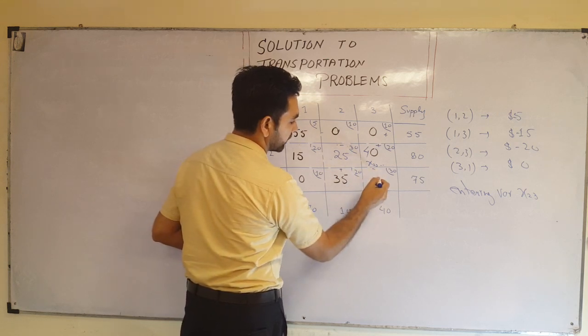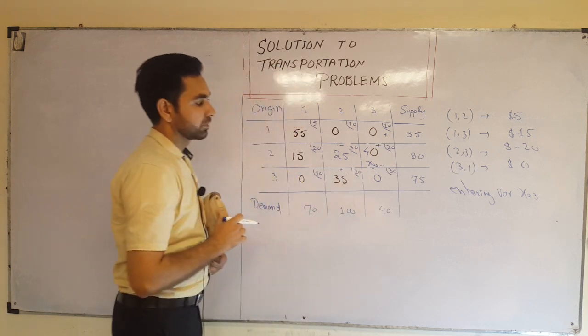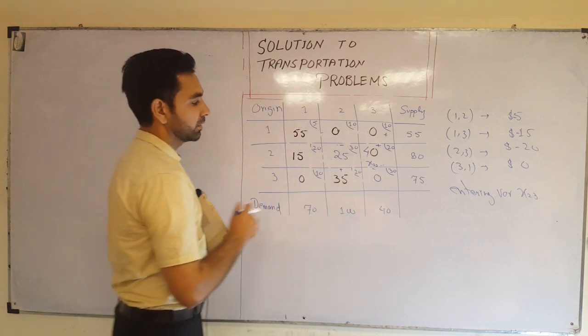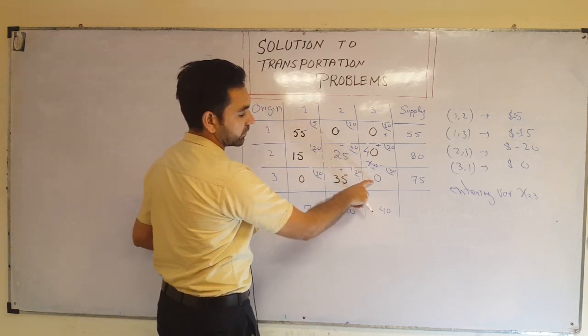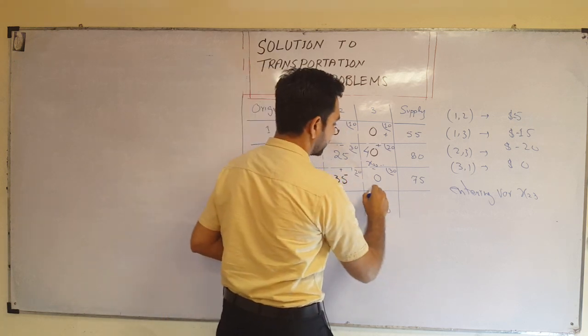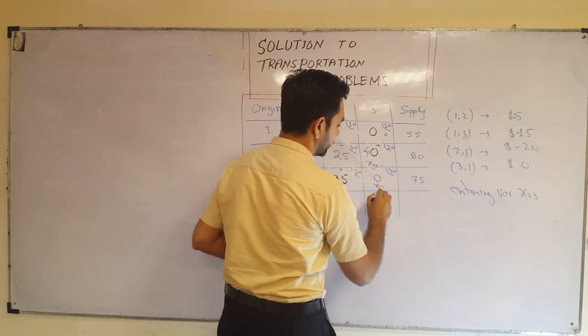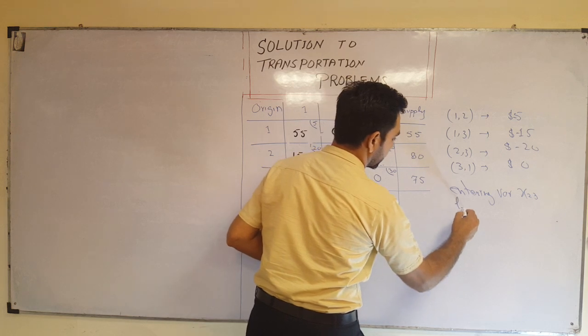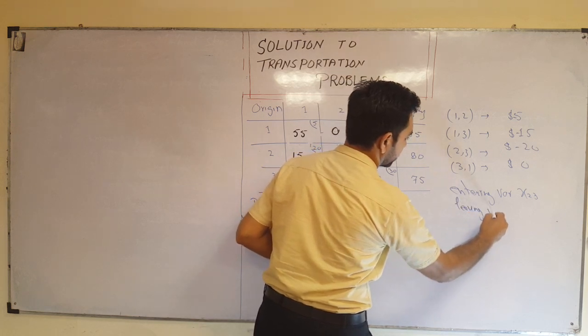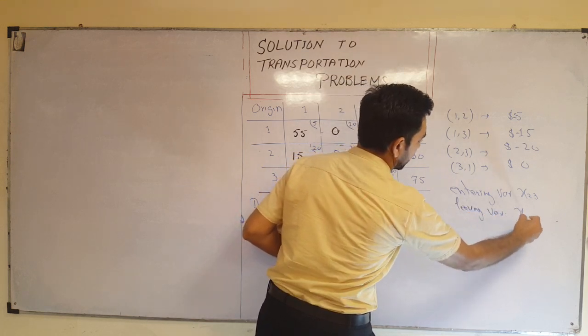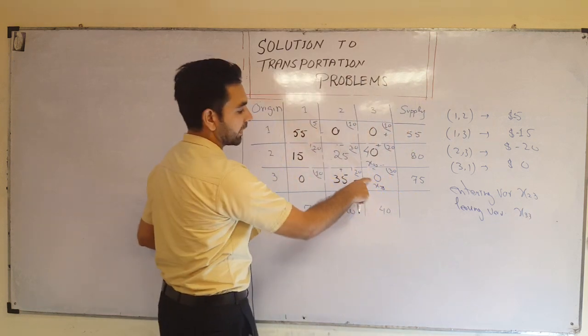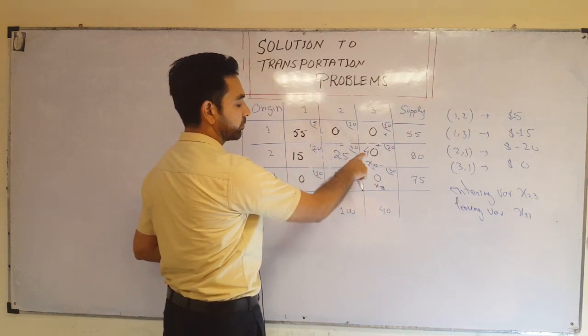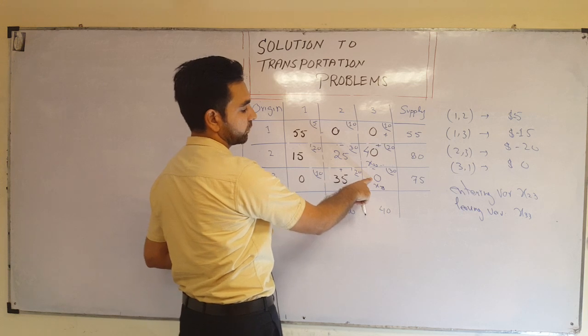So here the value is 0. So this variable, which is x33, is the leaving variable, because that becomes 0. If you subtract 40 from 40, this gives you 0.